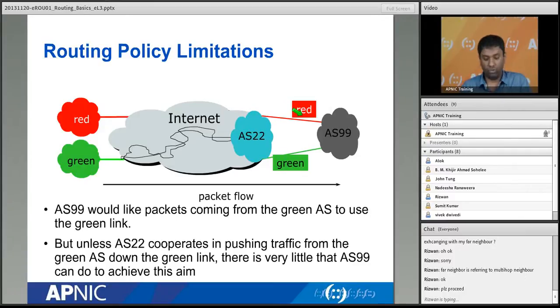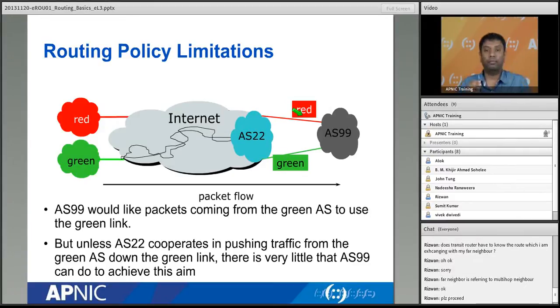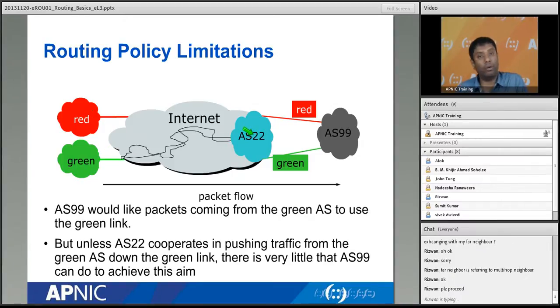If AS22 doesn't agree to advertise that prefix via the red link, and sends it via the green link, then the traffic from the red link will come via the green link. So AS22 must cooperate. Not only AS22, all the ASes along the path must cooperate. Otherwise, this policy cannot be implemented.